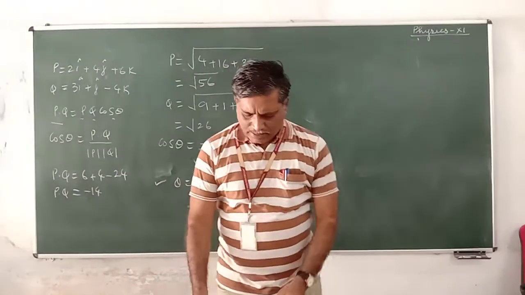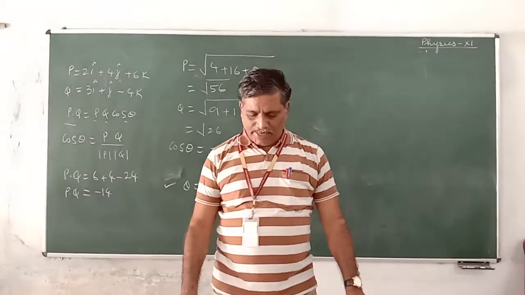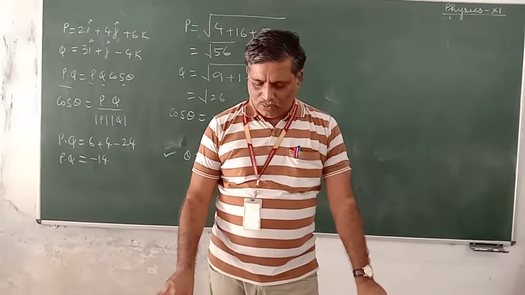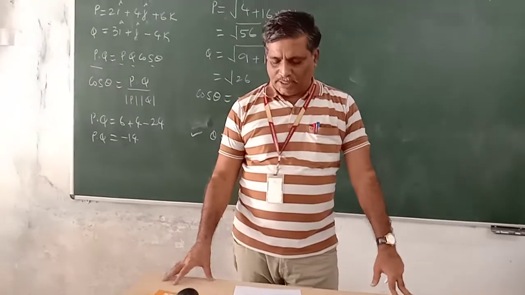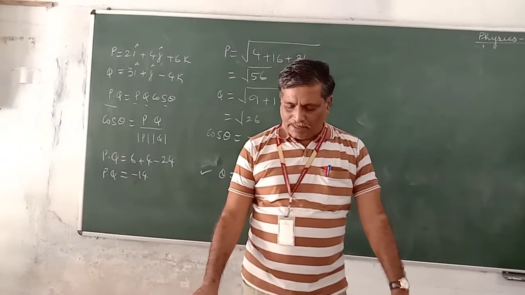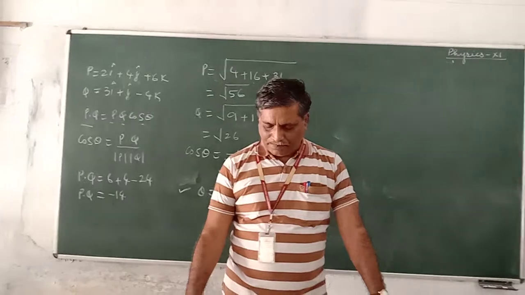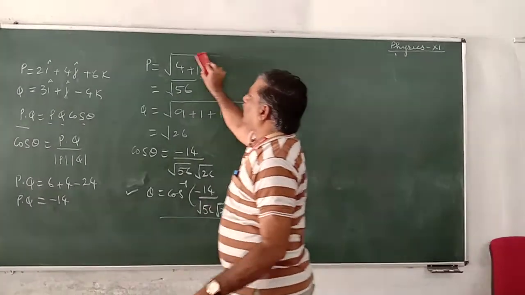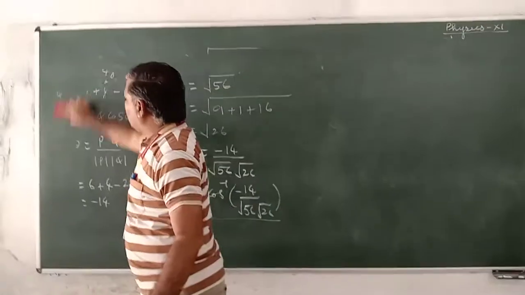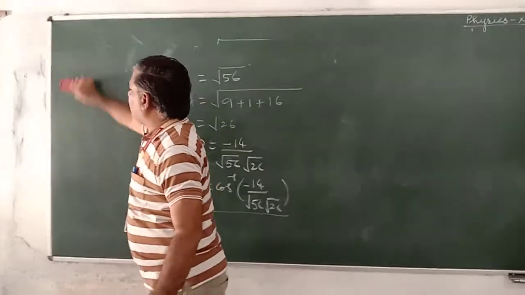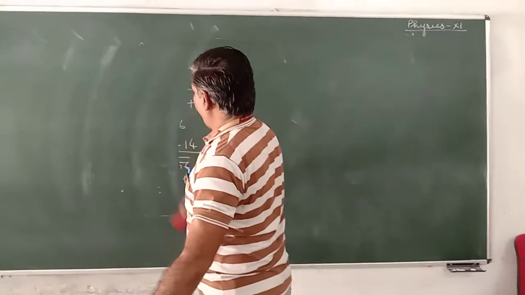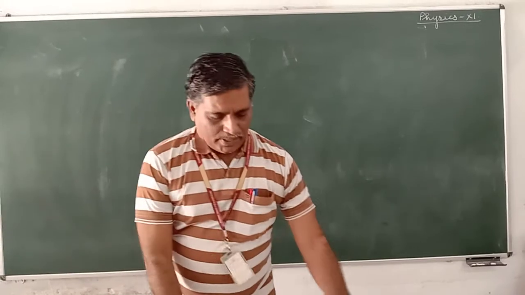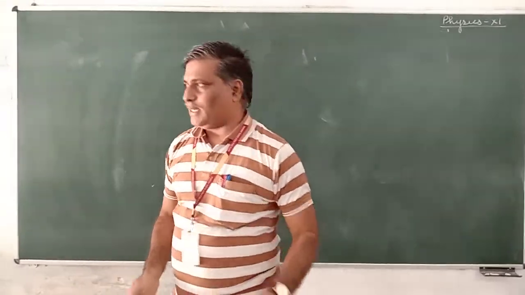Next one, that is find out unit vector perpendicular to vector P is equal to 2i plus 4j plus 6k and Q 3i plus j minus 4k. Let us see what is the question. Here it is asked to find out unit vector perpendicular to two vectors. Vector P is given, vector Q is given, and then unit vector perpendicular to them is asked.